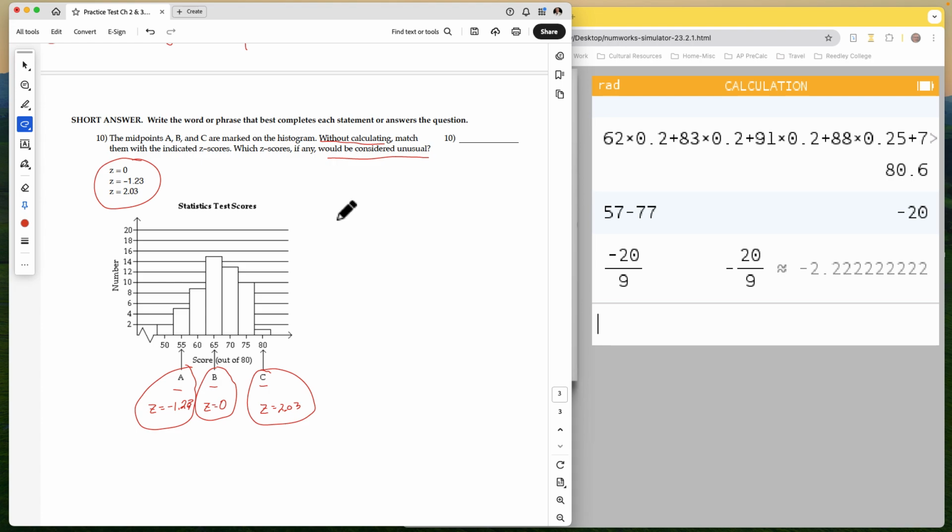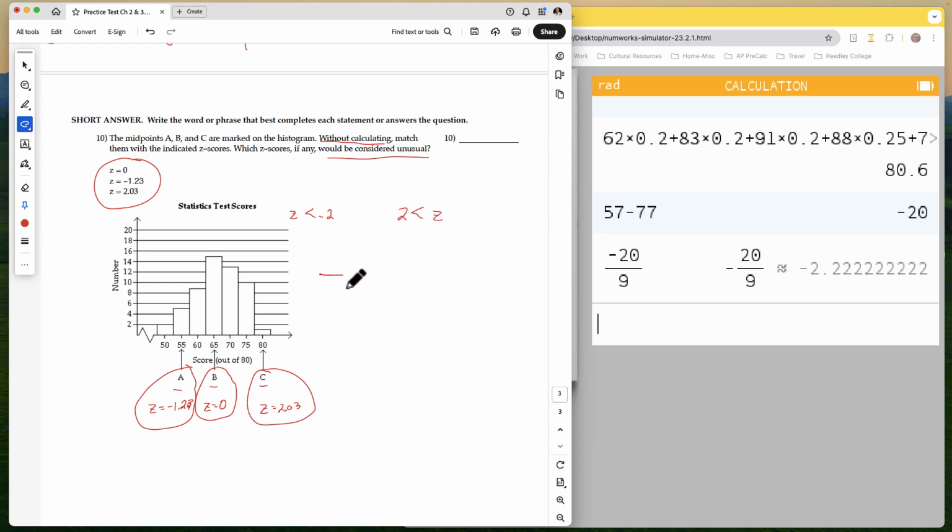But also the rule was, they came up with, if you're below -2, or some value less than -2, so z's less than -2, or z's greater than +2. So you're on either side.